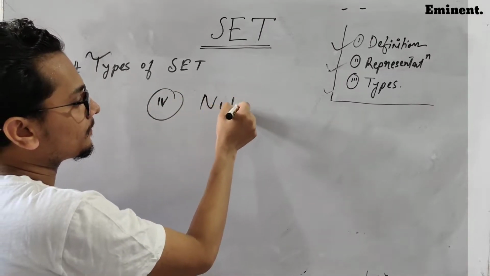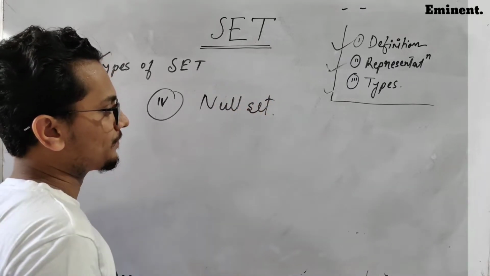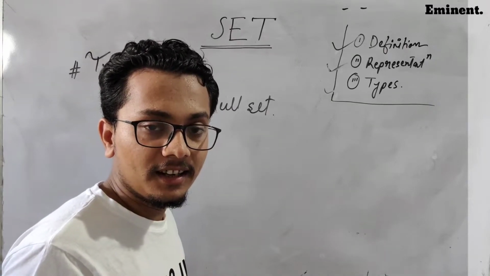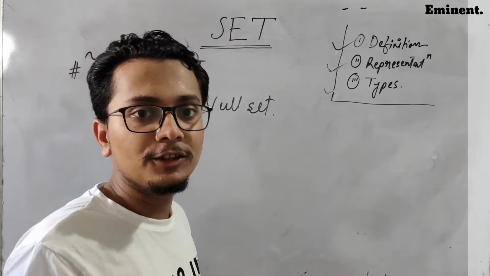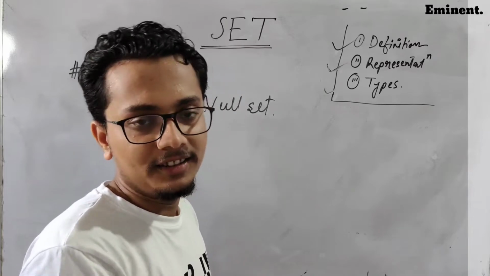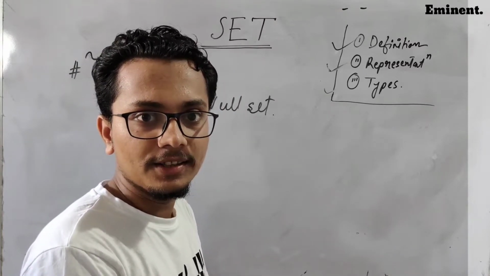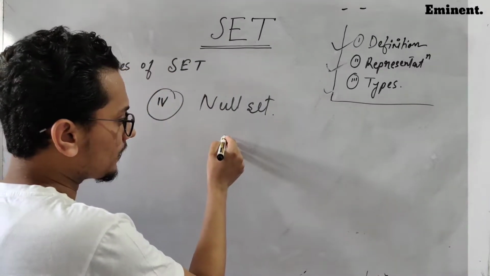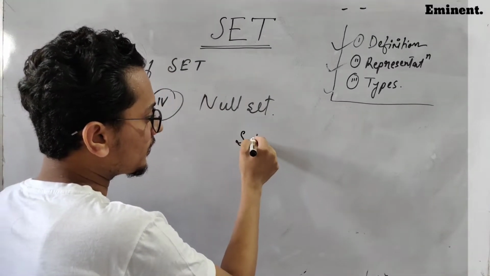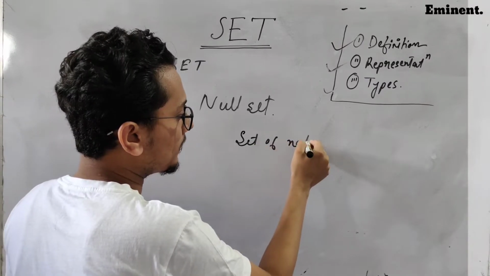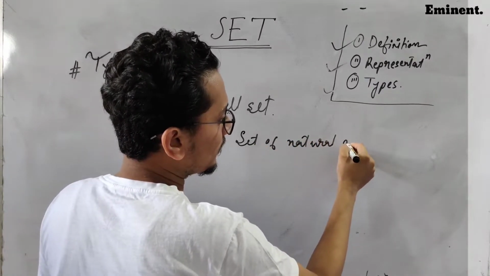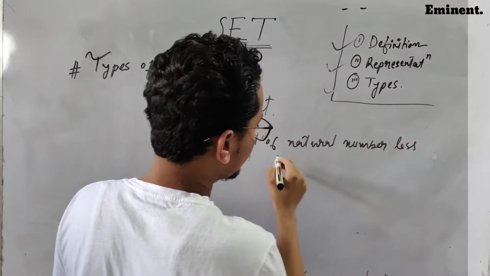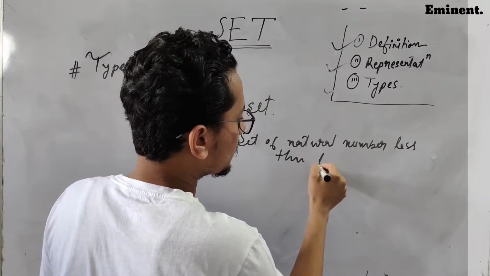Null set. If there is no element in a set, then this set is known as a null set. For example, the set of natural numbers less than 1.